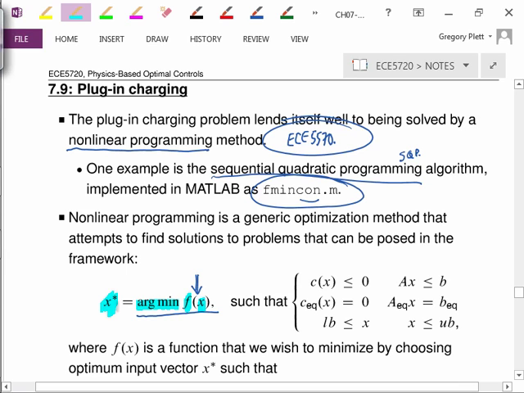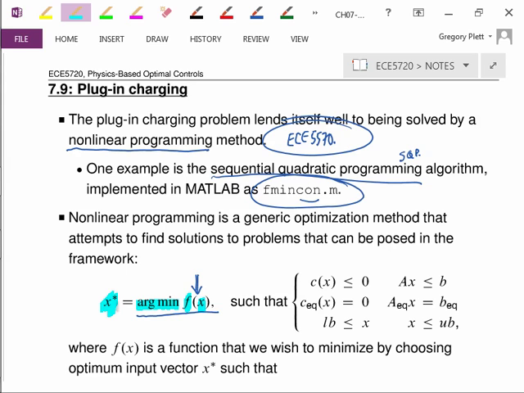It might not be the best solution that exists, because there could be many local optima or local minima to that cost function, and we're really guaranteed to find only one of those. Maybe it's not the overall global minima, but we'll find at least a decent solution, although maybe not the best solution. So there's quite a bit of art involved also, not just science, but art to learning how to use these optimization routines.